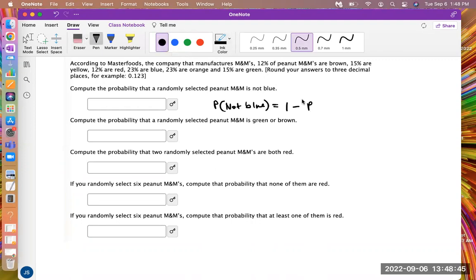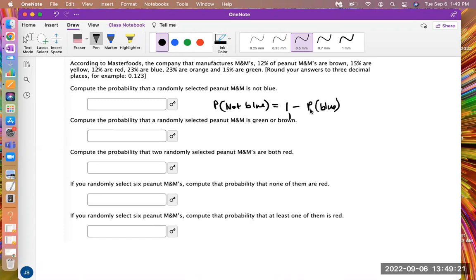What you could do is count the probability that it is blue and then subtract that from 1, because the probability that it's not blue, which really means the probability that it's green, orange, red, all the other colors, is equal to 1 minus the probability that it is blue. So the probability that it is blue is 23%.